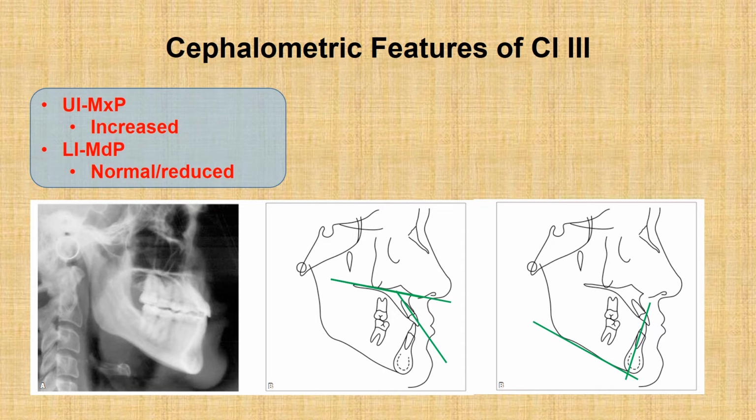Now, the upper incisors to the maxillary plane, which is this angle, will be increased, and the lower incisors to the mandibular plane angle tend to be normal or reduced. Now, this is because of the dental compensation whereby the upper incisors are proclined, whereas the lower incisors are upright or retroclined.